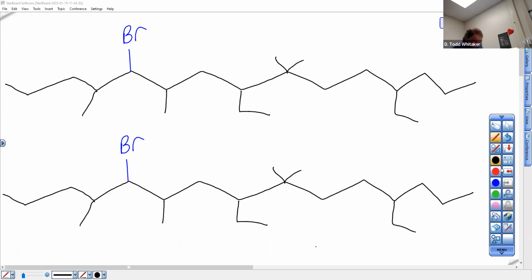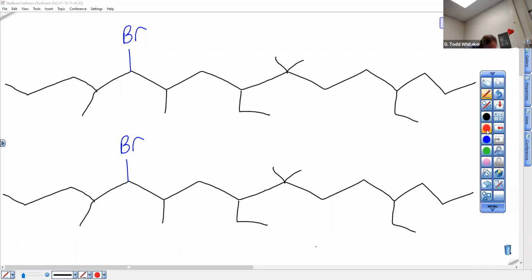So let's do the full numbering, red and green again. That was supposed to be red. Oops. Learn how to count, please. Did I do that right? I did to 11.